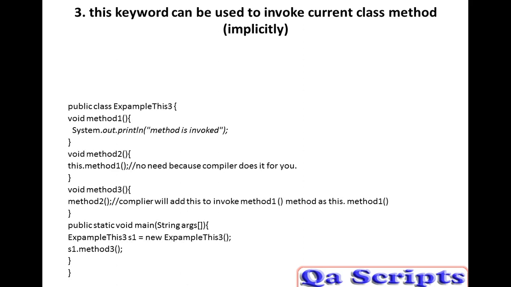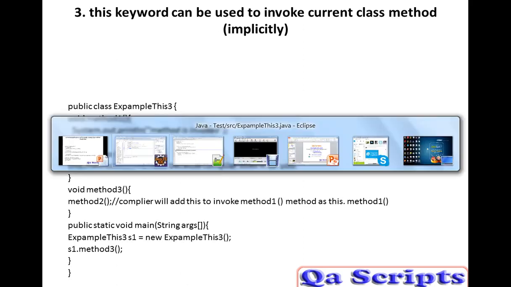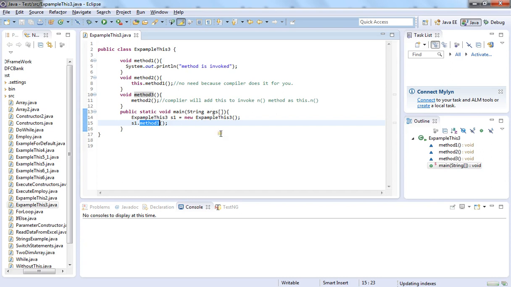Here is a simple program. Let us look at Eclipse where I have the same class, that is example this 3. Here I have method 1. Inside the method 1 I am having a simple message saying method is invoked.